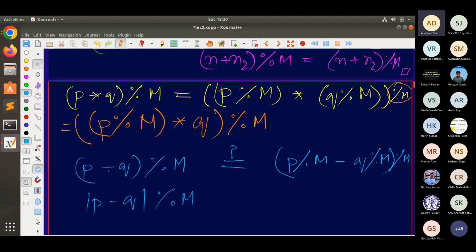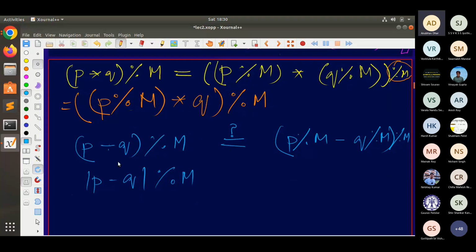Is this what you're saying? Okay. There is an issue with this, so let's try to construct a case. Let's say P is 1, Q is 4, and M is equal to 5.